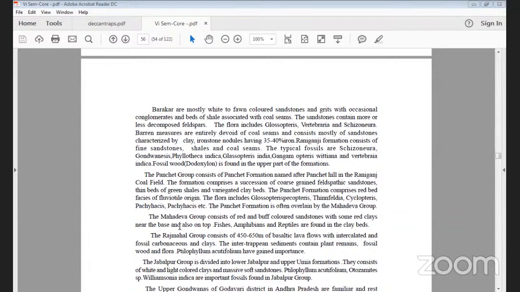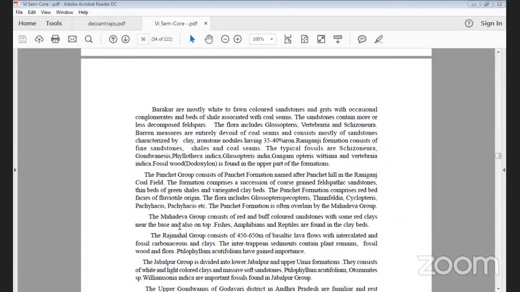And coming to the Panchet group. The Panchet group consists of the Panchet formation, named after the Panchet hills in the Raniganj coalfield. The formation comprises mainly a succession of coarse-grained feldspathic sandstones and very thin beds of green shales and clay beds.